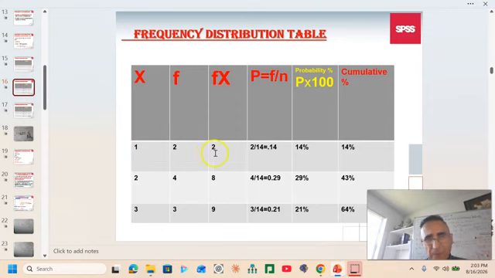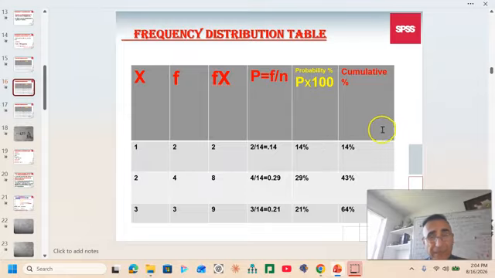Fx will be 1 times 2, and P, the proportion, will be 2 divided by N, or sum of F, same thing, which is 14. 2 divided by 14 is 0.14. That's proportion. In terms of probability or percentage, you multiply that by 100, and that gives you 14%.